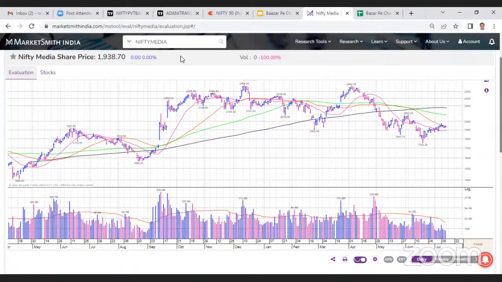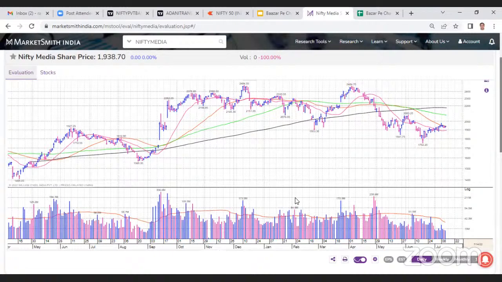It has already breached or is about to breach, I can say, and that is placed around 1920 or 1925. So it is trending in that range only. So I can say that above 1925, some positivity may happen. Below 1925, more negativity may happen in this media index, Nifty media.